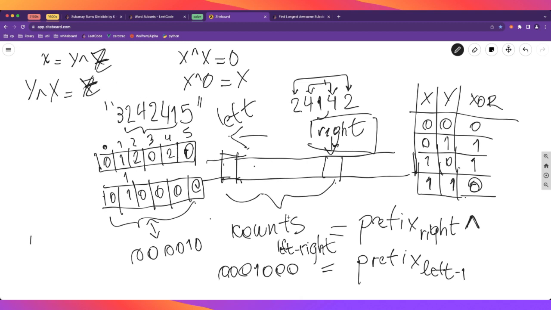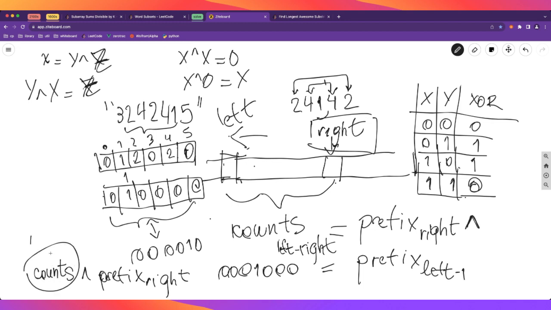So anyways, all I'm saying is that to find the left, we need to XOR the counts with prefix right, that we know what it is.